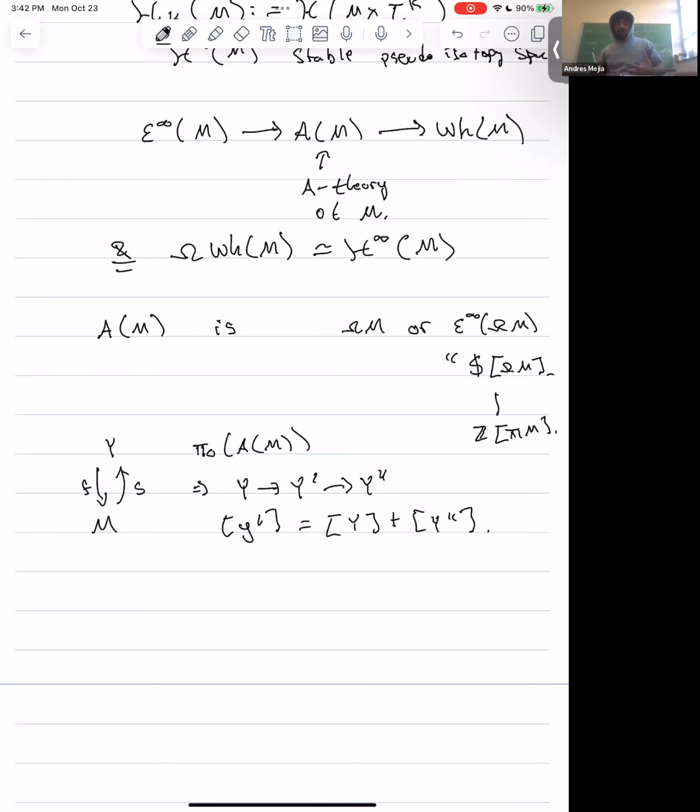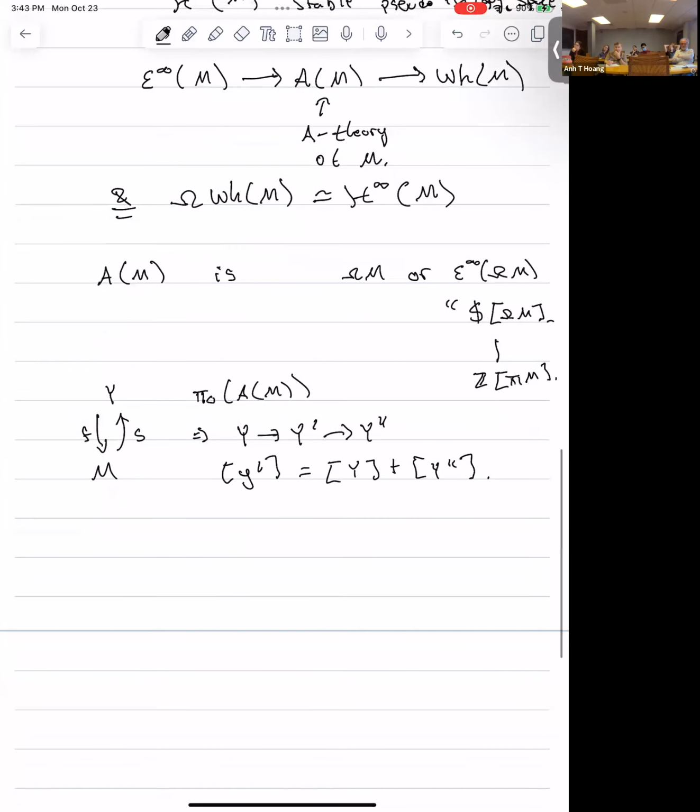And I think the motto here is that the higher homotopy groups of A theory detect things like automorphisms, right? So if you can realize Y as attaching finitely many cells, and Y double prime as attaching finitely many cells, then this remembers the way in which you attach them. And that's why this is a more sensitive invariant. Right, it would be really surprising if all of this data just depended on a pi 1 condition.